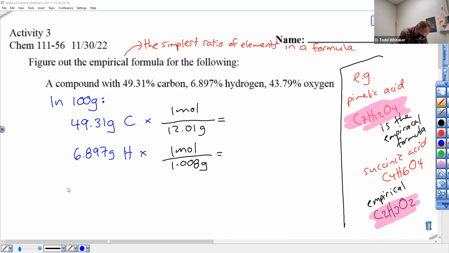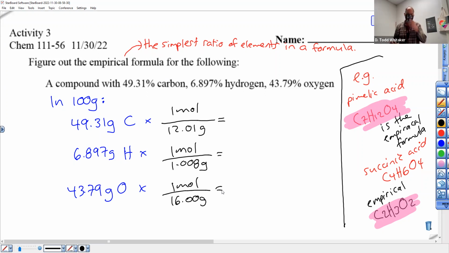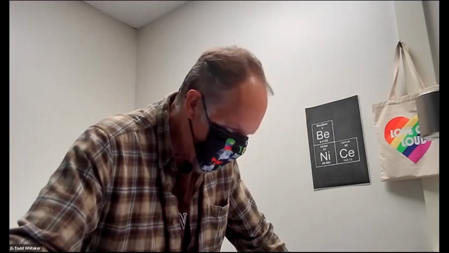And then we're going to do 43.79 grams of O, 1 mole for every 16.00 grams. On your periodic table, everything has been rounded to 4 significant figures. And I will get the answers after we pause.